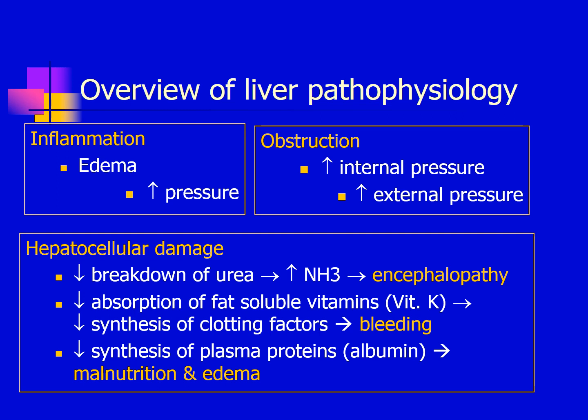So there's going to be a decreased breakdown of urea, and because it is decreased, the ammonia level is going to go up, and then the patient is going to show signs of encephalopathy, right? So neurologic complications here. There's also decreased absorption of the fat-soluble vitamins, so vitamin K, which is needed, would decrease the synthesis of clotting factors, which will lead to bleeding. There's also decreased synthesis of plasma protein, albumin, and malnutrition and edema would occur.